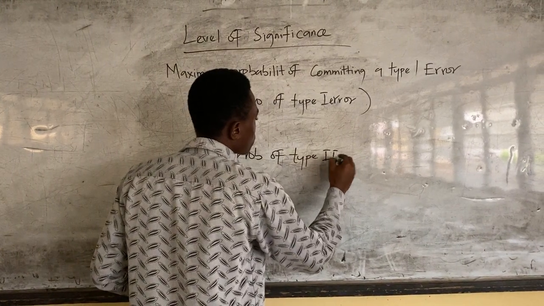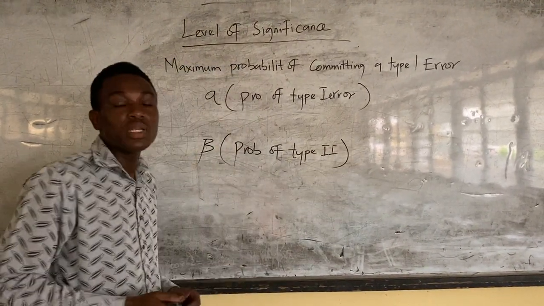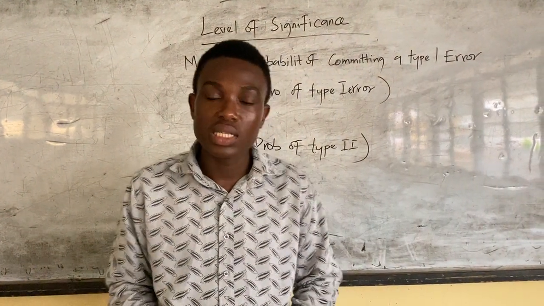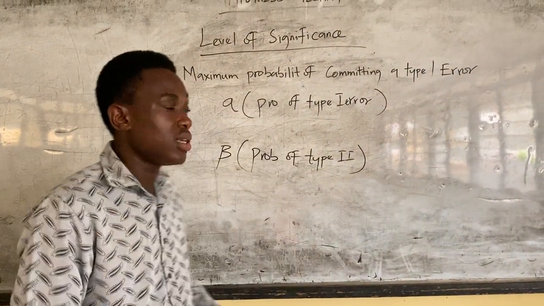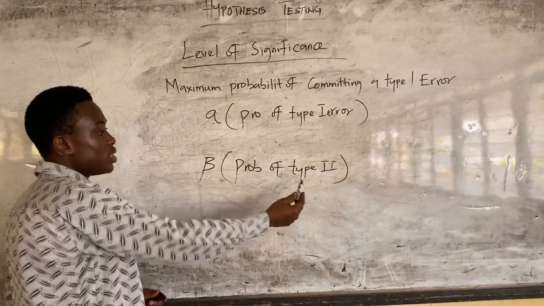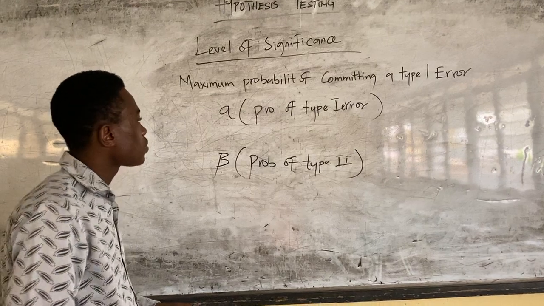So the probability of committing a type 1 error is known as level of significance and is denoted by the alpha, which is the A. And then we have beta, the probability of committing a type 2 error.